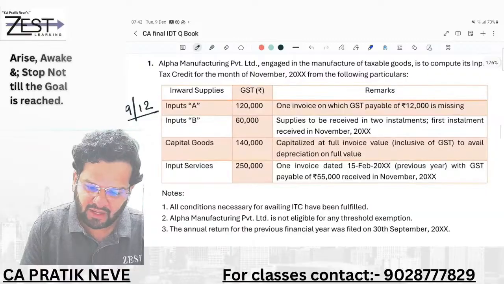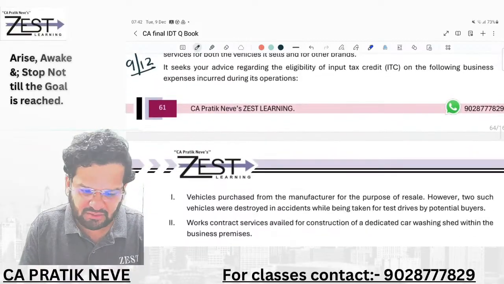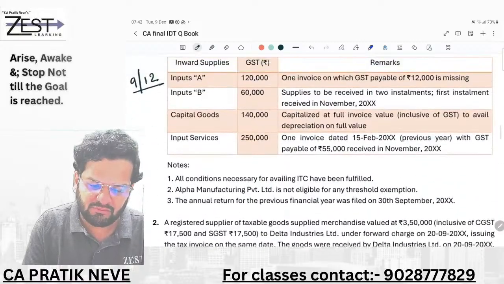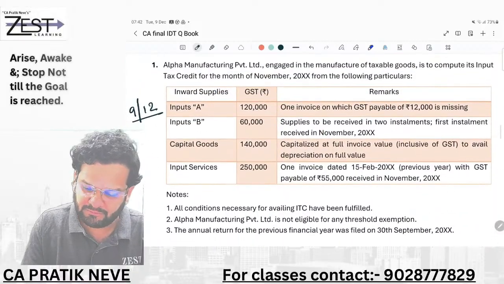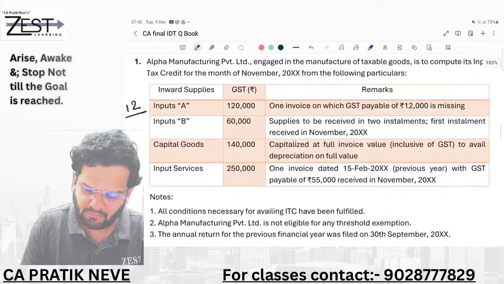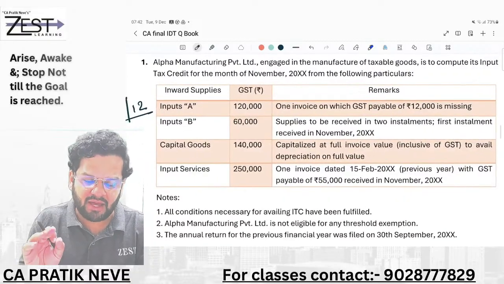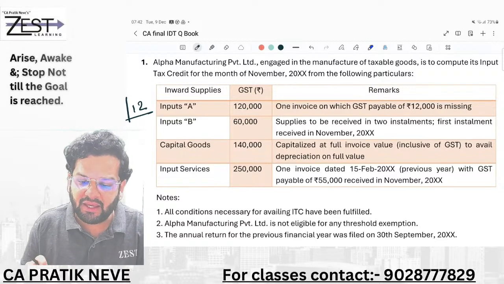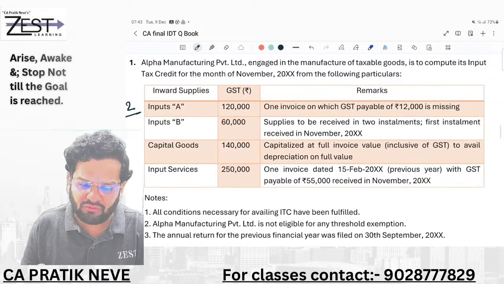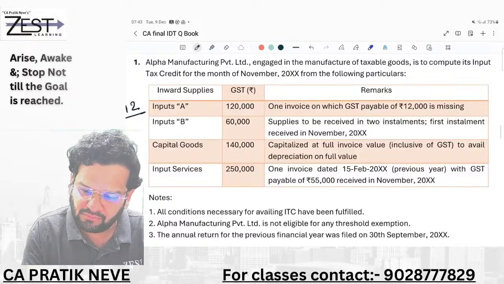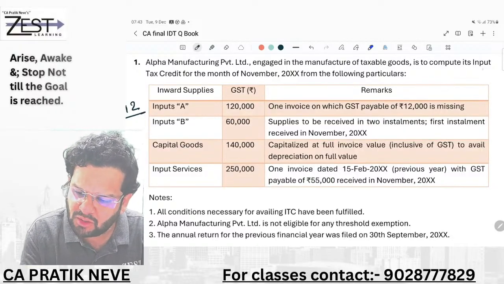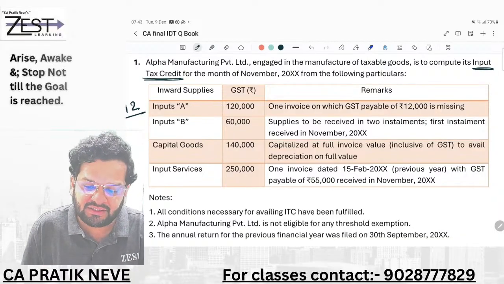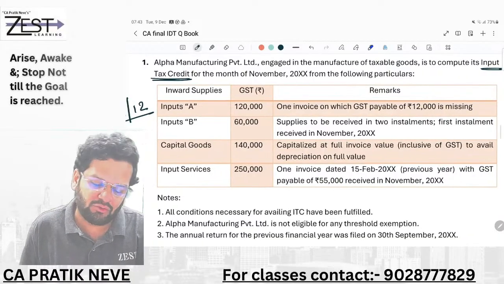See, I am on page number 61. Alpha Manufacturing Private Limited, engaged in manufacture of taxable goods, wants to compute its ITC. You have to compute its ITC from the following particulars.